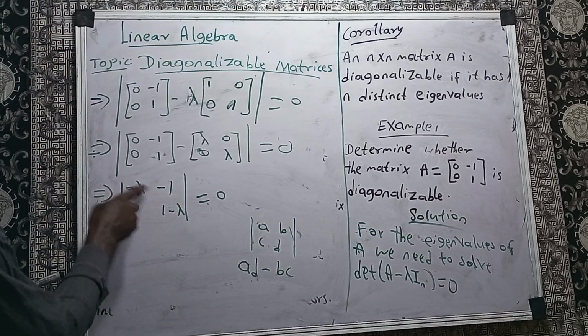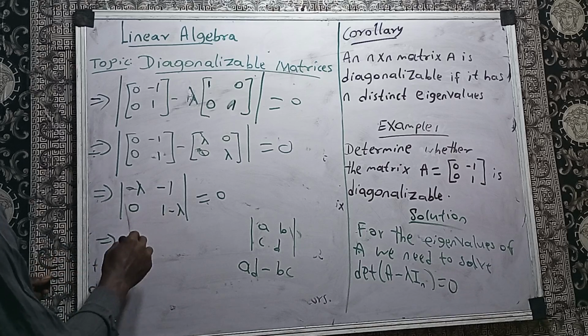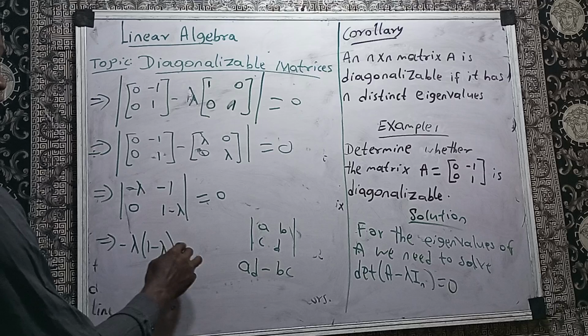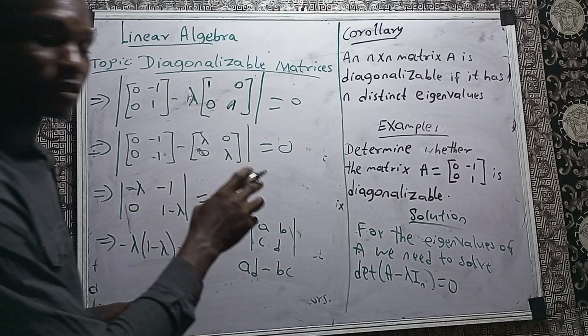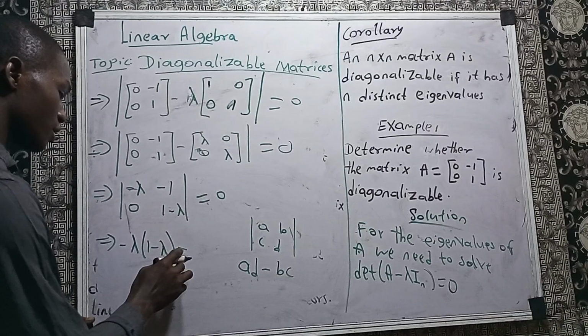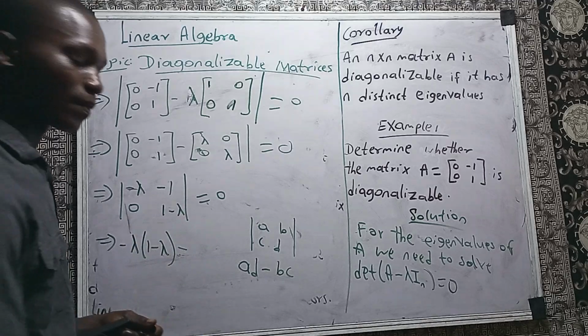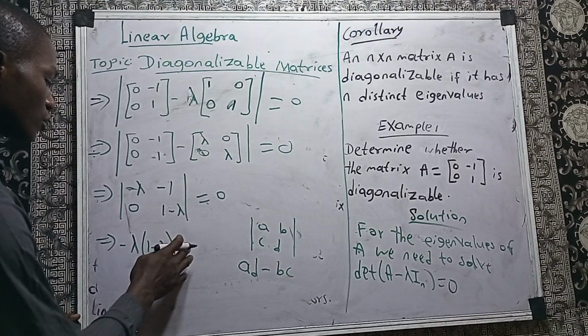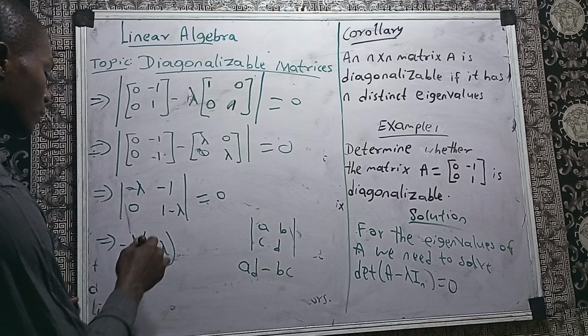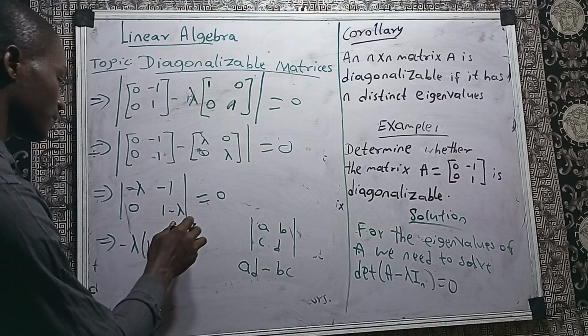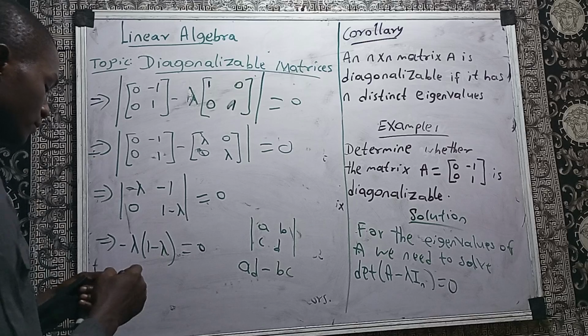This will be this times this. So minus lambda multiplied by 1 minus lambda, minus 0 times 0 multiplied by 1, which is 0. If you subtract 0 from any quantity, then you get the same quantity you had before. So we have negative lambda multiplied by 1 minus lambda, equal to 0.